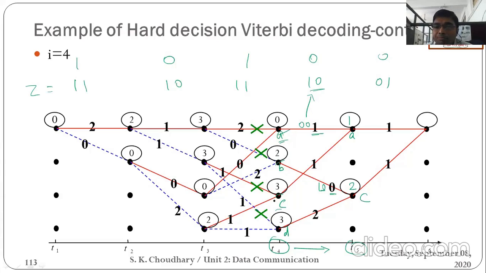Now you are at C, receiving the input 0, so you move from C to A. Your output is 1 1. Compare 1 1 with this 1 0, so the Hamming distance is 1. So 3 plus 1, it is 4. So A receives two metric values: one is 1, another is 4.